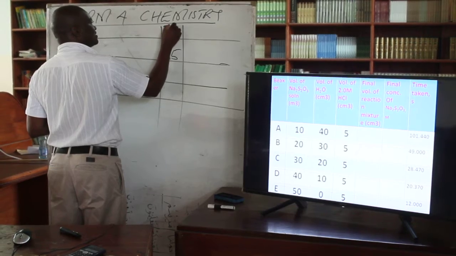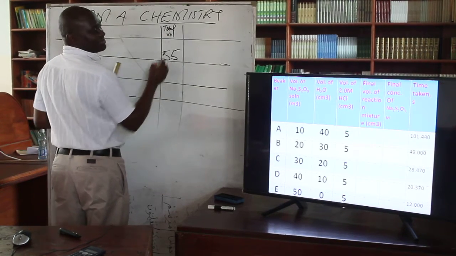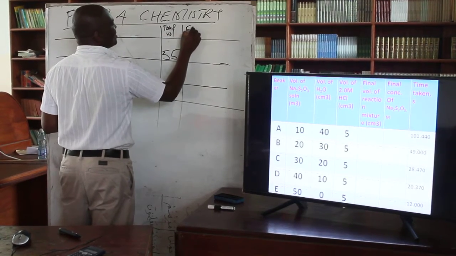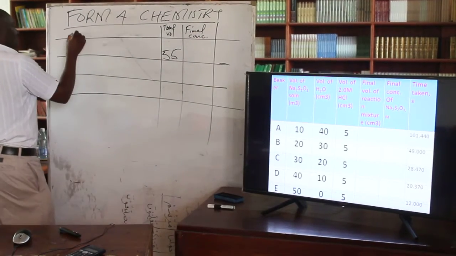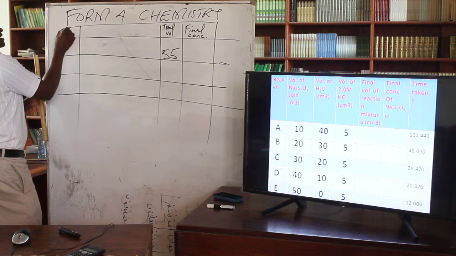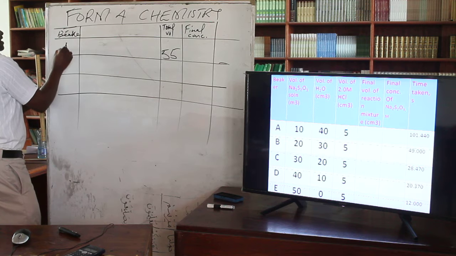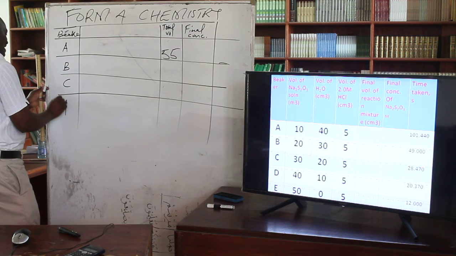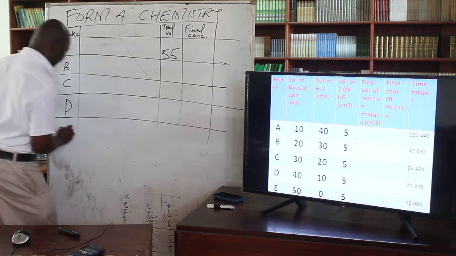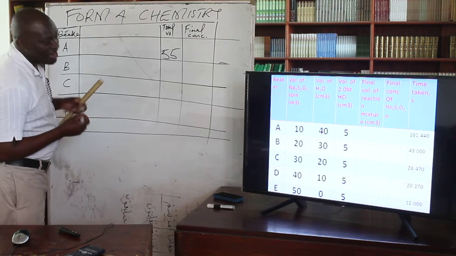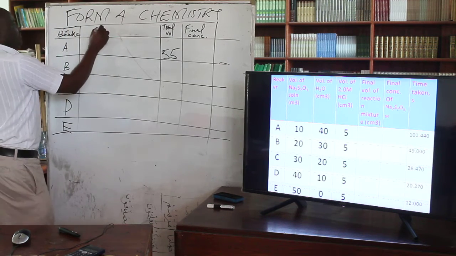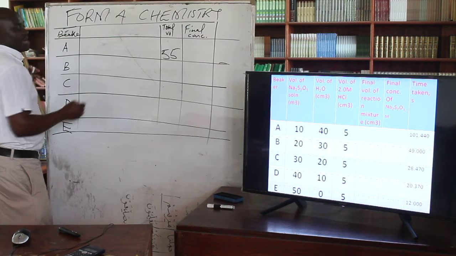Then we have the final concentration. So I will have beakers A, B, C, D, and E, with all those columns.